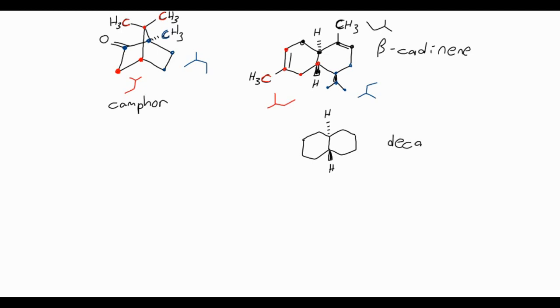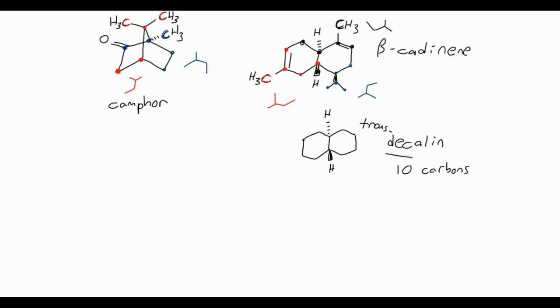So decalin, dec, 10 carbons. So if we have 2 fused 6-membered rings, that's going to give us 10 carbons overall. And specifically, this one is trans-decalin, because the hydrogens are trans. So we have one coming towards us with that bold wedged bond, and the other going into the page away from us with the hashed bond.